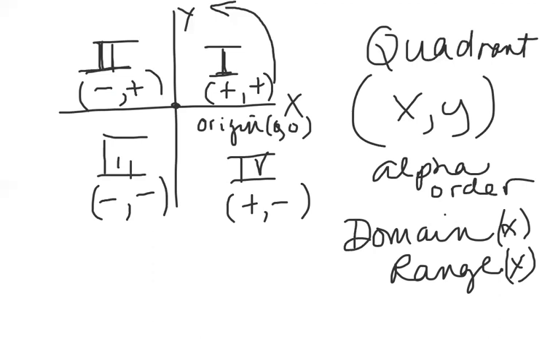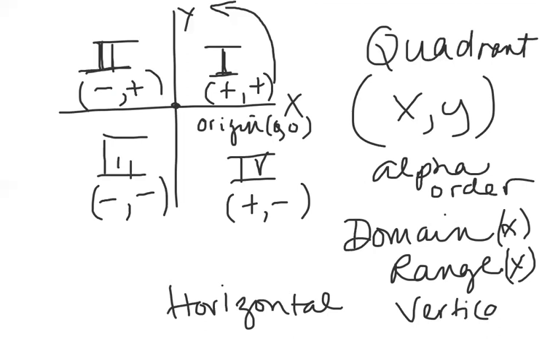Likewise, guys, if you were to encounter horizontal versus vertical, okay? Now think about this, okay? Horizontal versus vertical. Alphabetically, horizontal comes before vertical. So if you look at the XY coordinate, horizontal has to do with the x-axis, while vertical has to do with the y-axis, guys.